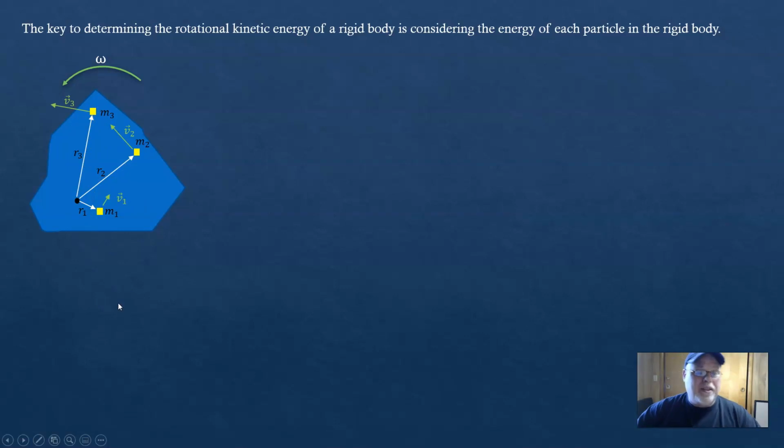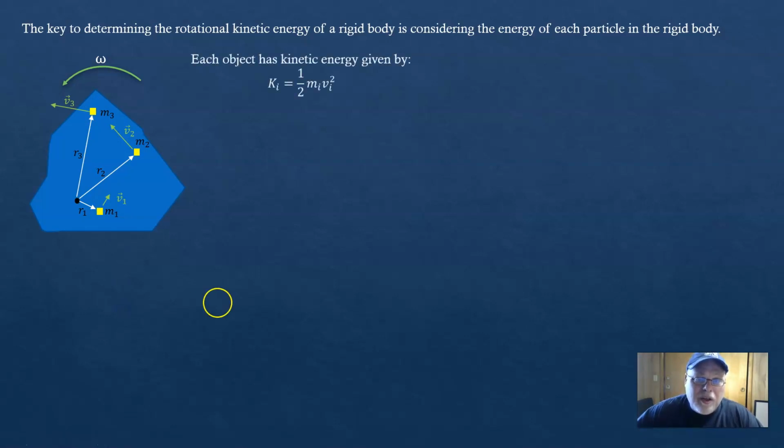Now, let's think about this. Each little piece that I've emphasized here has kinetic energy because it's moving, right? And you know that the kinetic energy of anything is just given by 1/2 times its mass times its velocity squared. So I could calculate the kinetic energy of each little piece just by using this equation.